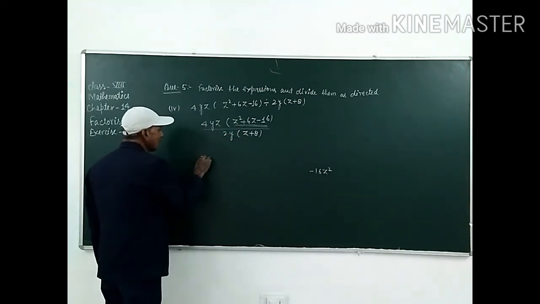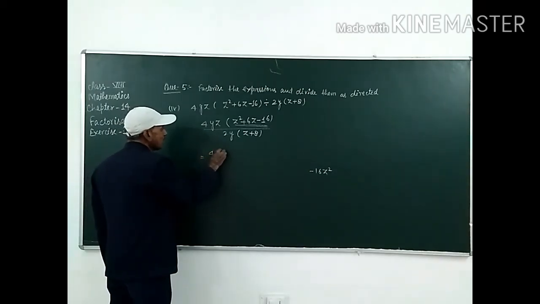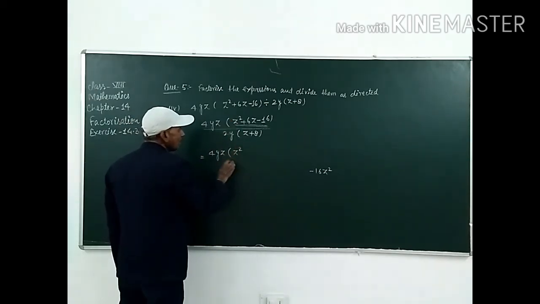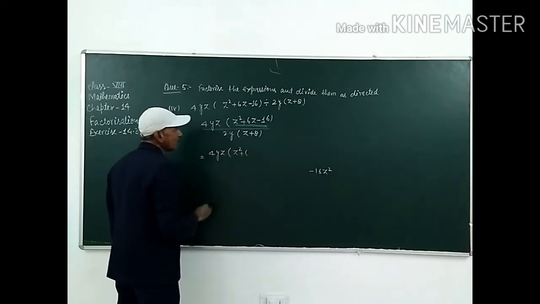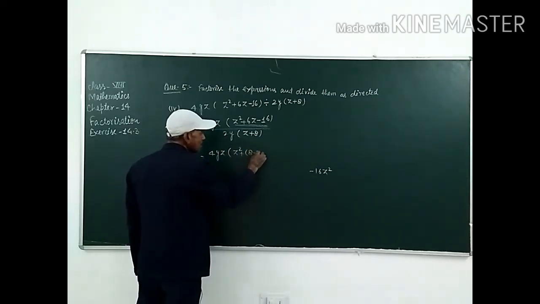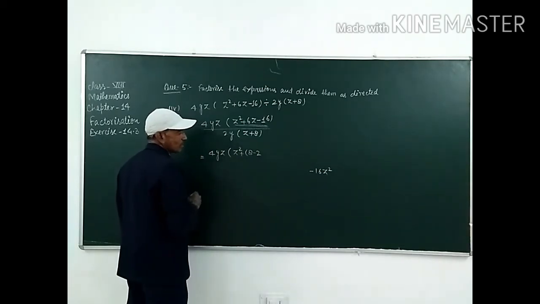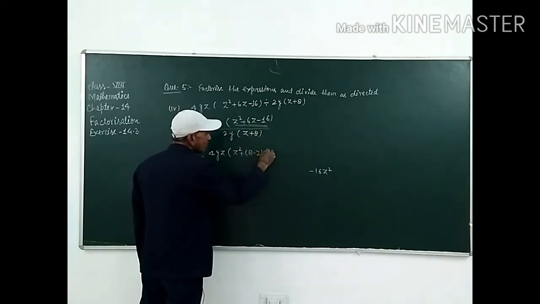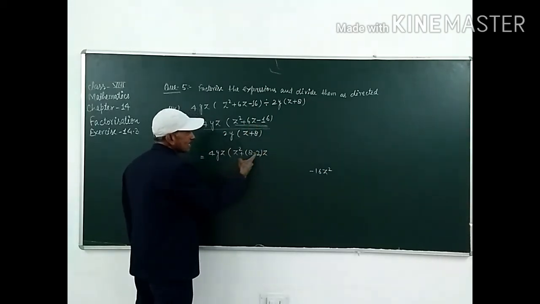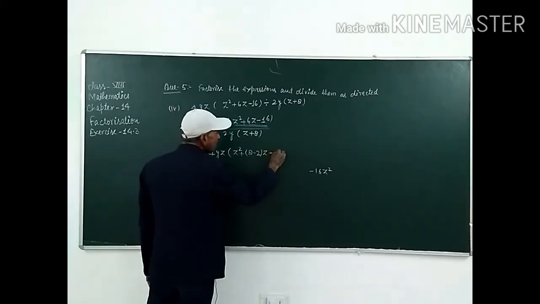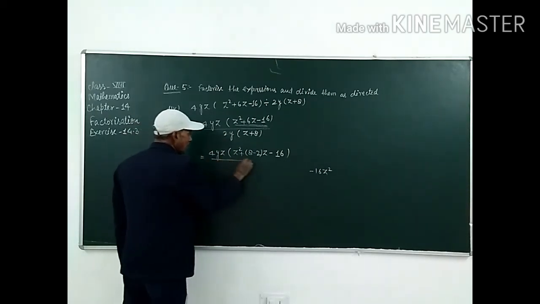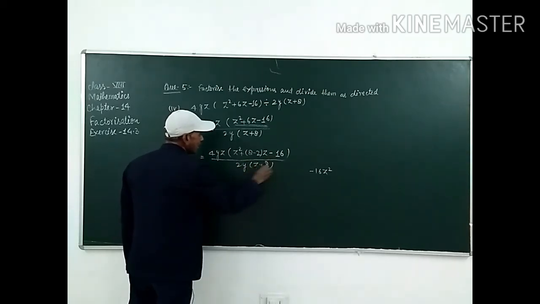So in the next step, that will be 4yz into z square plus, in bracket, 8 minus 2, that is 6, students. 8 is positive, 2 is negative here. And this z, 8 minus 2 means 6z, minus 16. Now it will be divided by 2y into z plus 8.